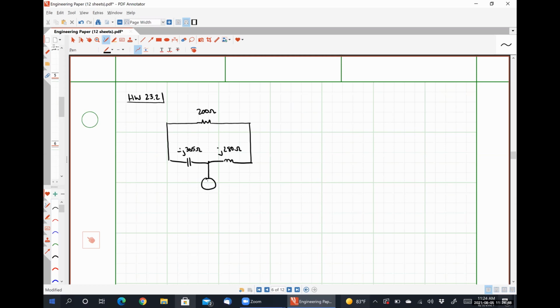We have a current source, IS, which is 2.9 angle 12 degrees amps.